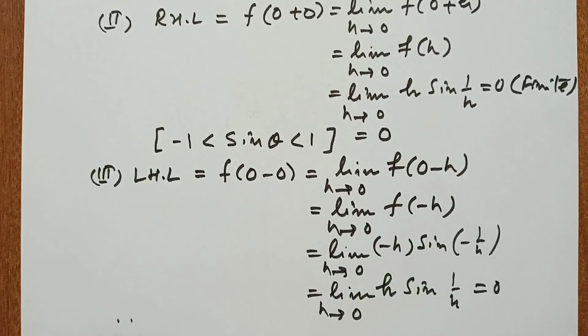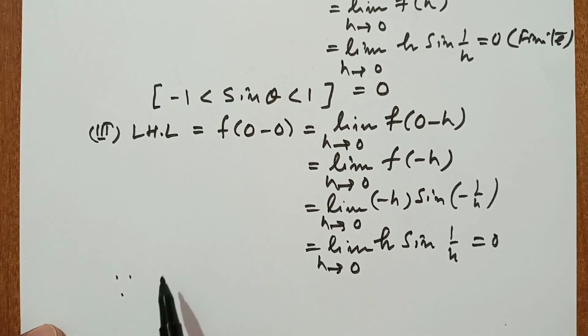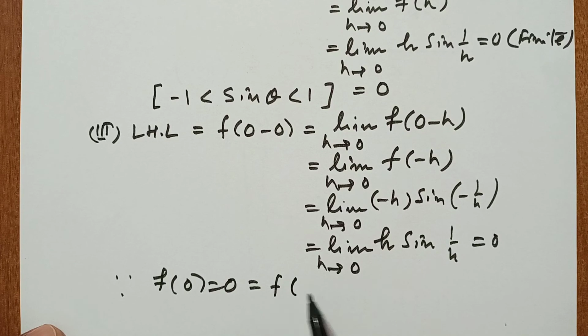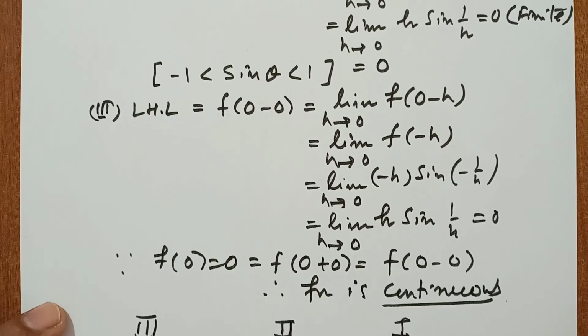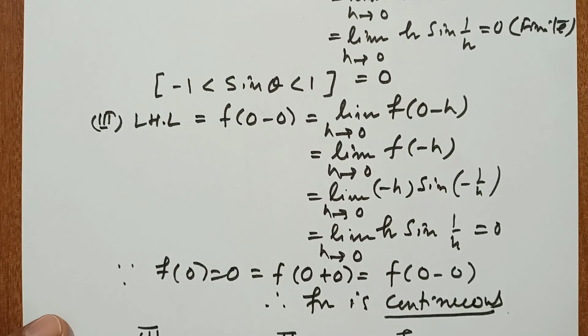So since the value of the function f(0) is equal to 0, which is equal to the right hand limit, f(0 plus 0), which is equal to the left hand limit, therefore the function is continuous. Okay, this is the answer. So how do you solve the given question?